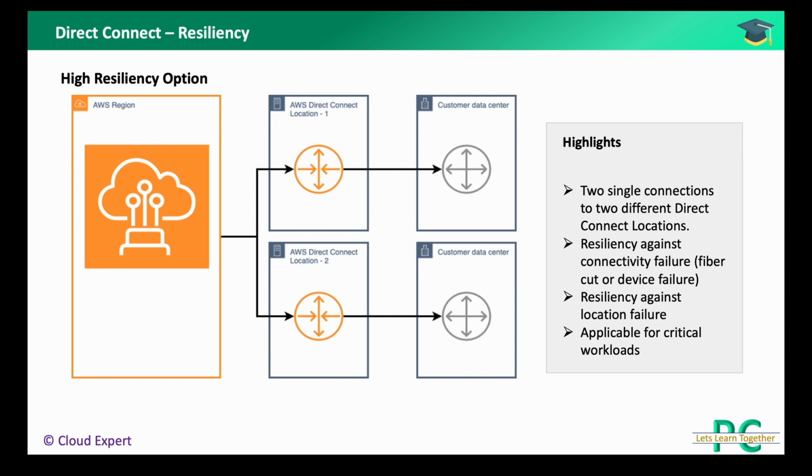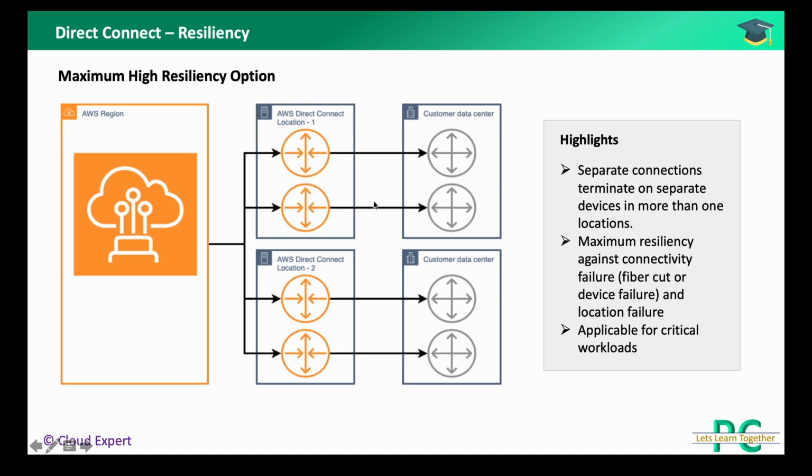If your application workload is very critical and requires consistent performance around the clock, then you might opt for the maximum resiliency option. So now you can see you actually have four Direct Connect connections. That means separate connections terminate on separate devices in more than one location.